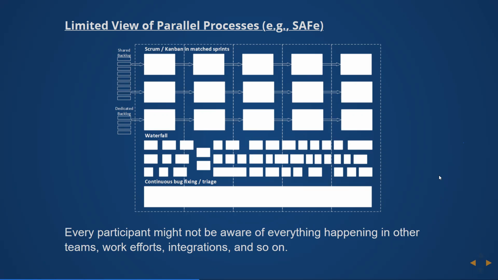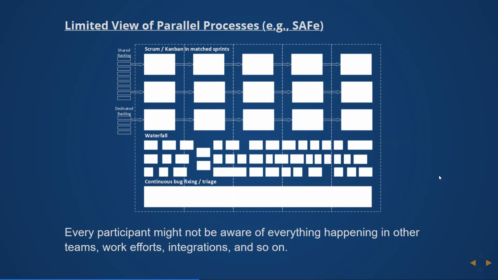In parallel to that, you may have waterfall efforts going on, and you may have continuous bug fixing and triage activities going on. So if you're a BA in only one of those threads and all are legitimate, if you don't understand what's going on in the other threads, that could be confusing and lead to frustration.